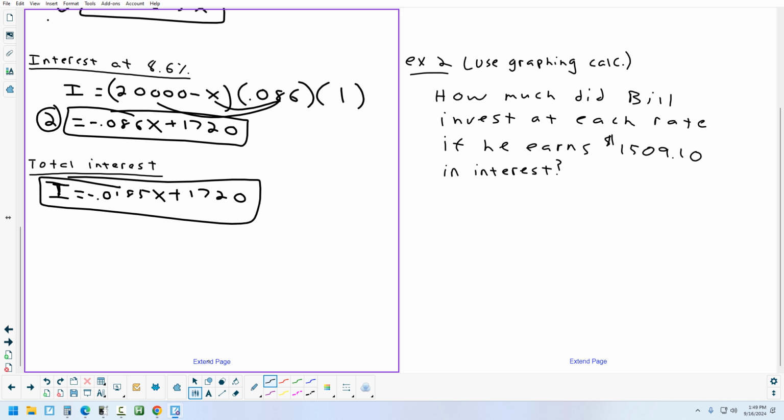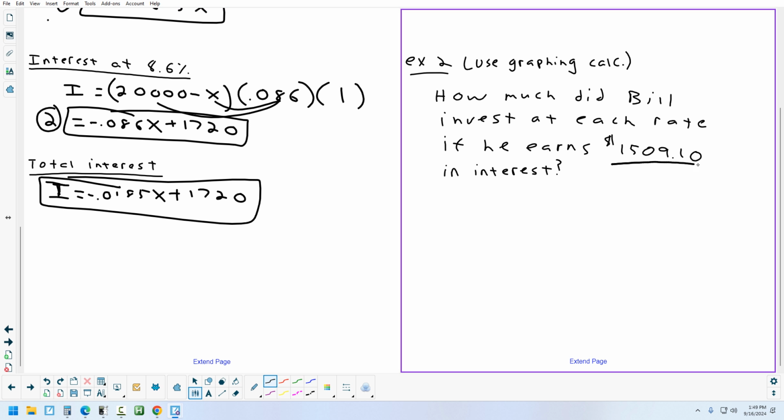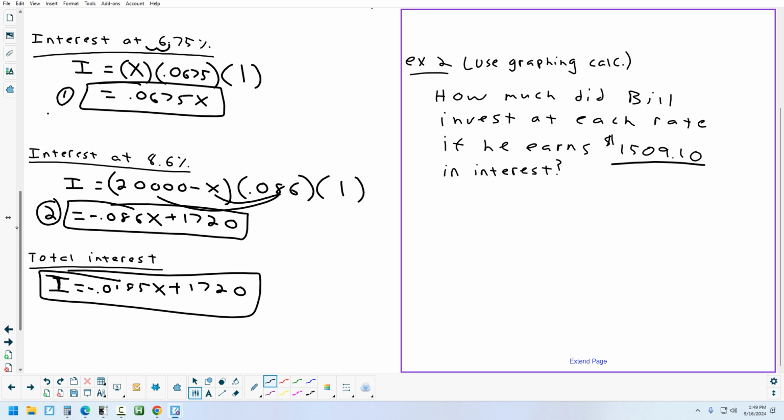So let me keep that up, because we need that. Now they're telling us that Bill earned a total of $1,509.10 in his investments. Where would that get plugged in? Box 1, box 2, or the total? Box 2.